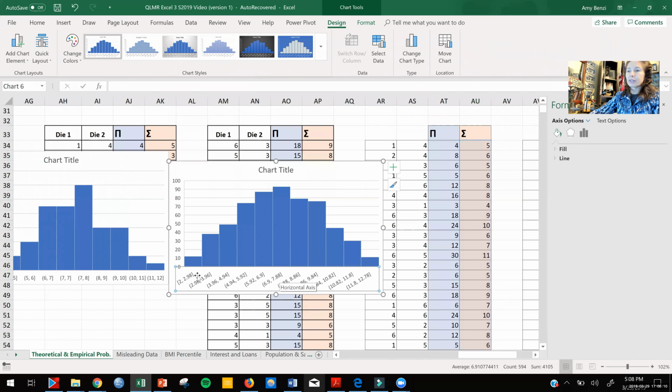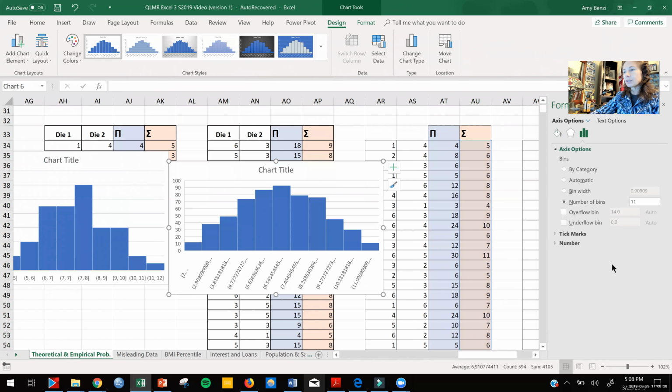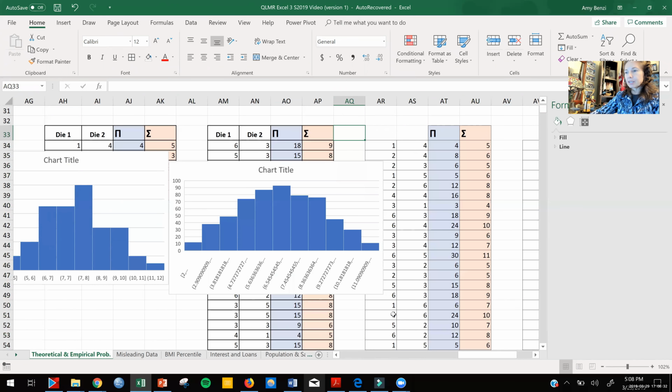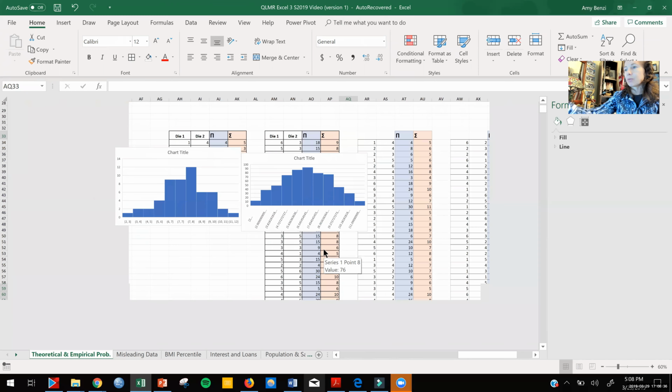And see how it gives me all those decimal values, but when I have 11 bins, it gives me integers. That's what I want here. All right, so I'm double clicking my x-axis, nothing's happening, so I have to come over here and click on the bar graphs and axis options, number of bins is 11. All right, no problem, it still gives me the decimal values, but that's perfectly fine. All right, now what? I have one more.